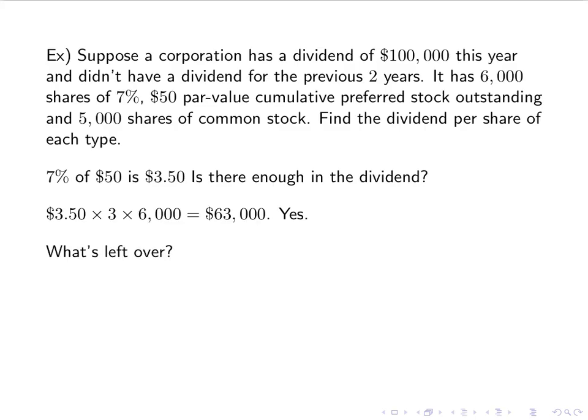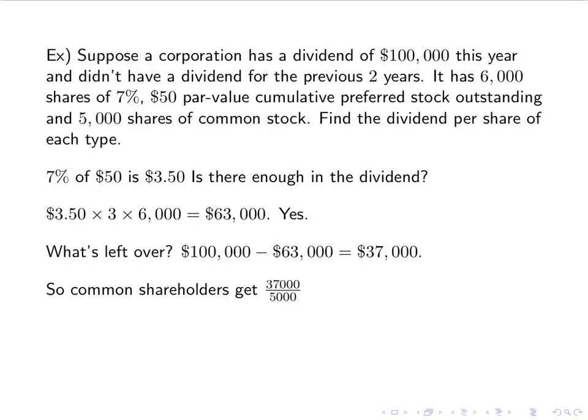And just like before, I need to figure out what's left over. And we should have $37,000 left over for the common share. So we take what's left over, divide it by the number of common shares, and we get $7.40. So how much does each type of share get? Common shareholders get $7.40.